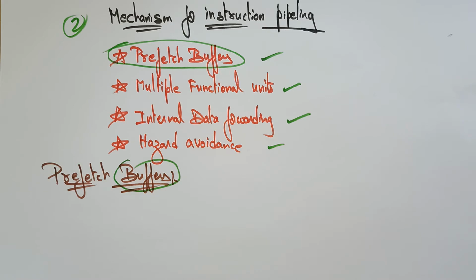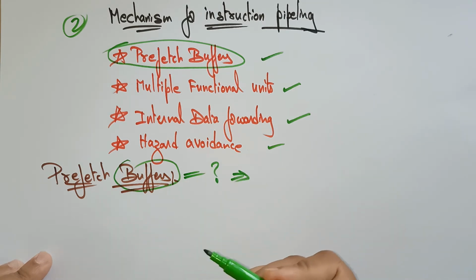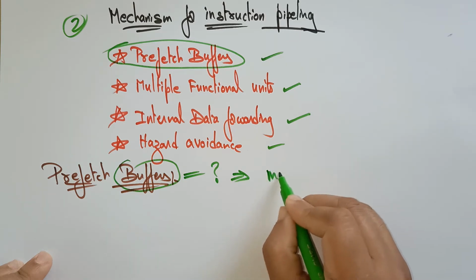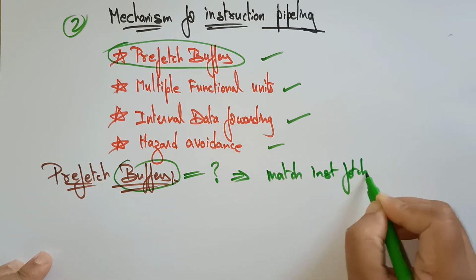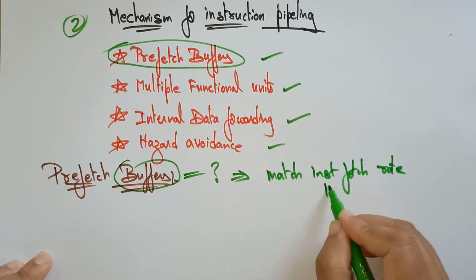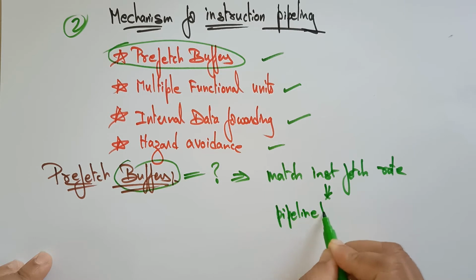Here we have to keep the concentration on buffers. What type of buffers are you using, so that it has to match the instruction fetch rate to the pipeline consumption rate.